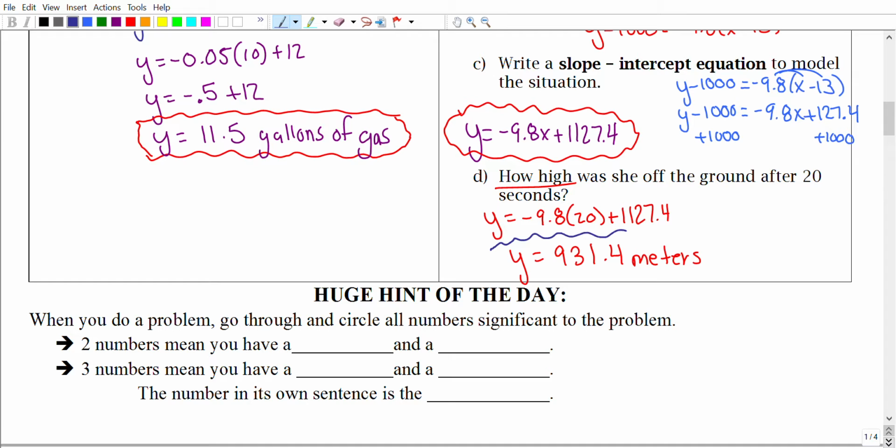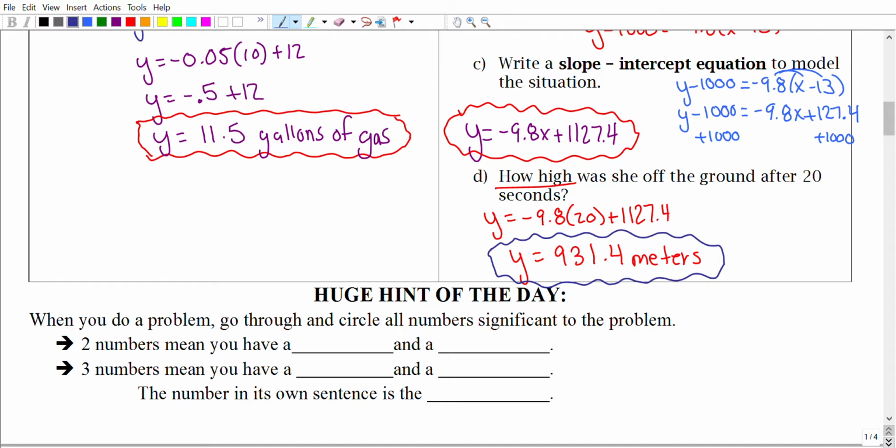Always use your units on these problems, guys, okay? Especially with real world scenario problems, you definitely want to make sure you use units because different variables represent different types of units, so you need to specify which one you have.